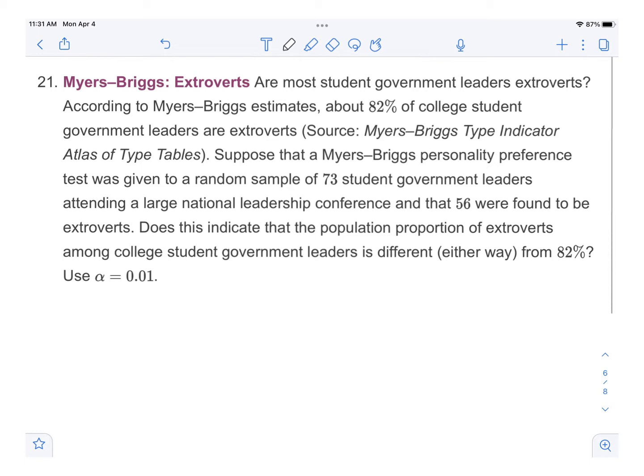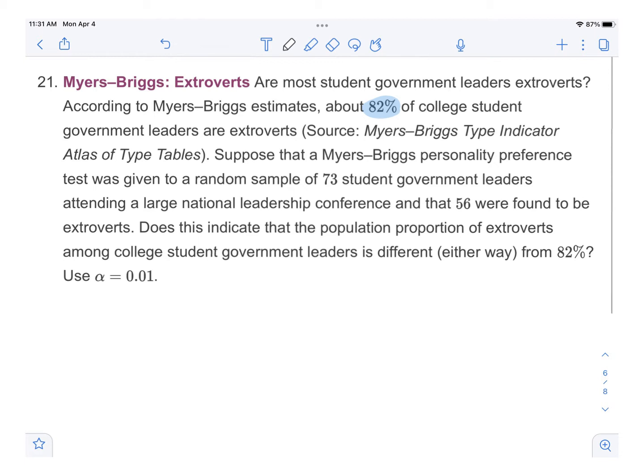Are most student government leaders extroverts? According to Myers-Briggs estimate, about 82%, so 82% is going to be our P. That's what we're going to be testing. Of college student government leaders are extroverts.